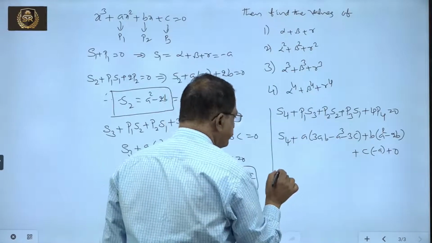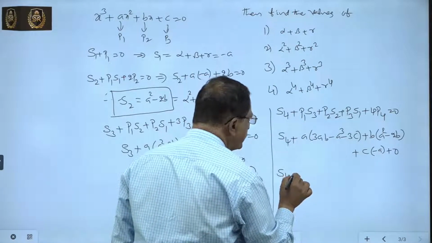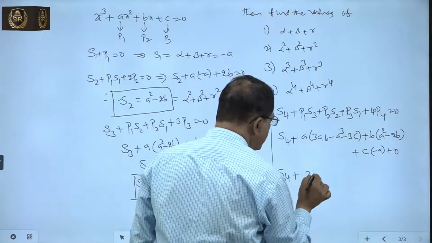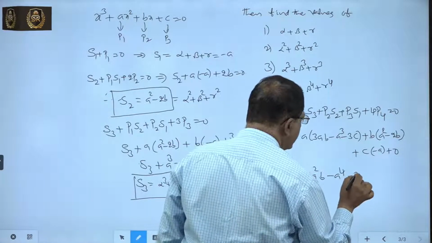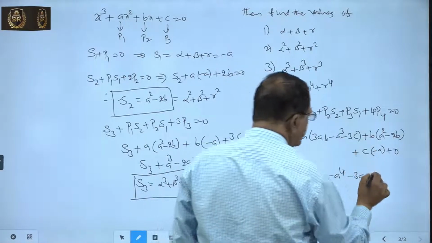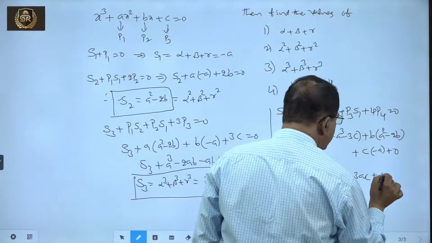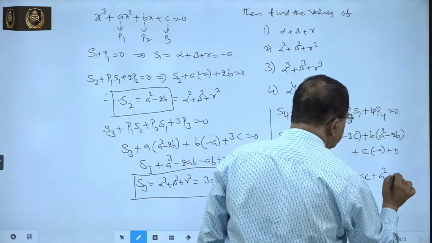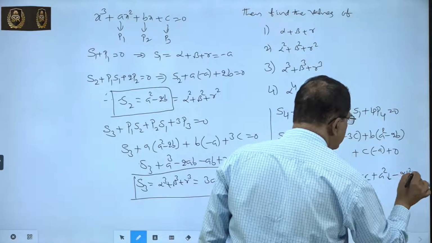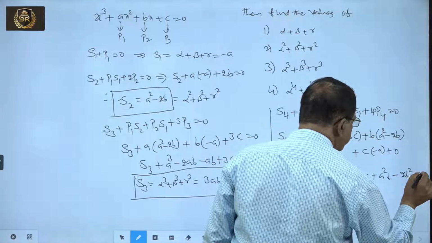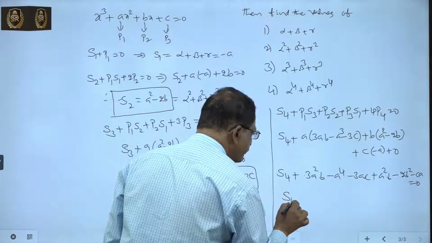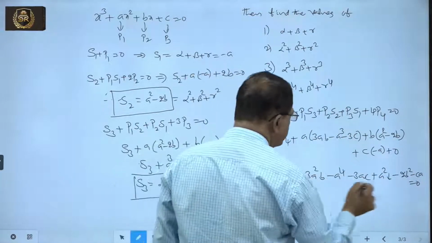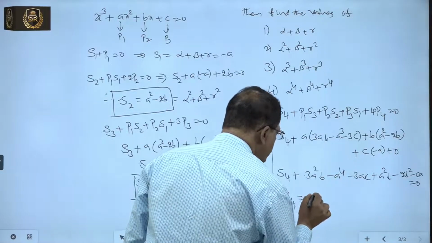Now S4 plus 3A square B minus A to the power of 4 minus 3AC plus A square B minus 2B square minus CA equals 0.